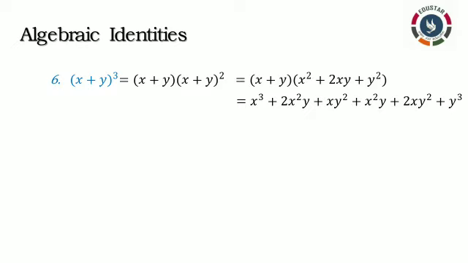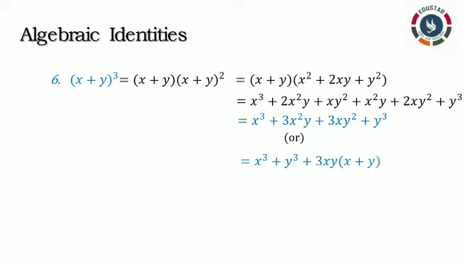So, on adding the similar terms, we will get x cube plus 3x square y plus 3xy square plus y cube. So, this is our sixth identity, that is x plus y the whole cube is equal to x cube plus 3x square y plus 3xy square plus y cube. This can also be written as x cube plus y cube plus 3 into xy into x plus y.